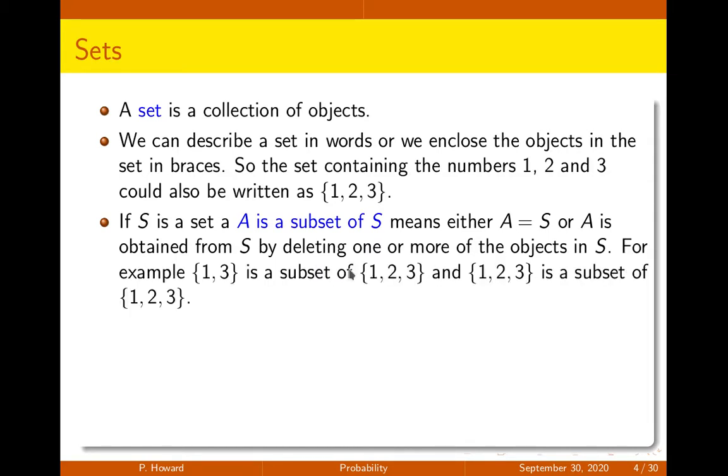So, for example, the set consisting of the objects 1 and 3 is a subset of the set containing the objects 1, 2, and 3. You get this set 1, 3 from this set 1, 2, 3 by deleting 2. And 1, 2, 3 is a subset of 1, 2, 3. Every set is a subset of itself.